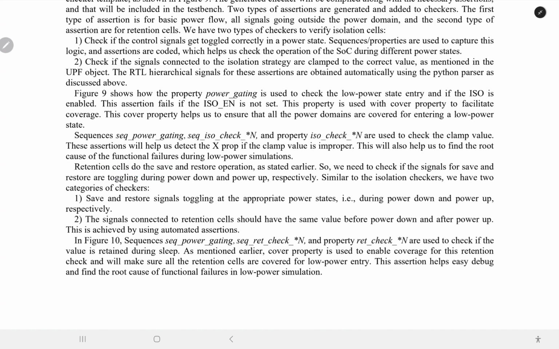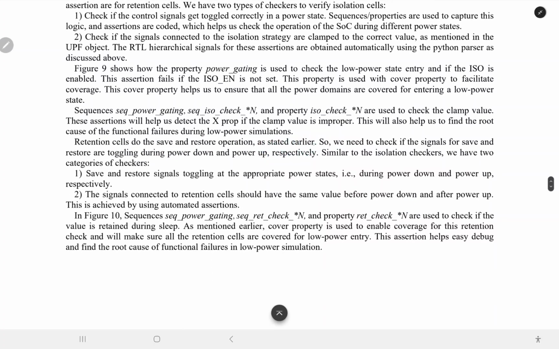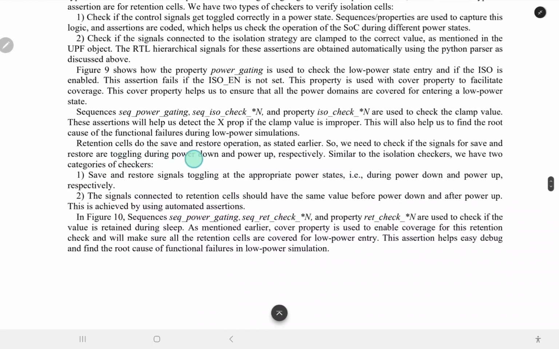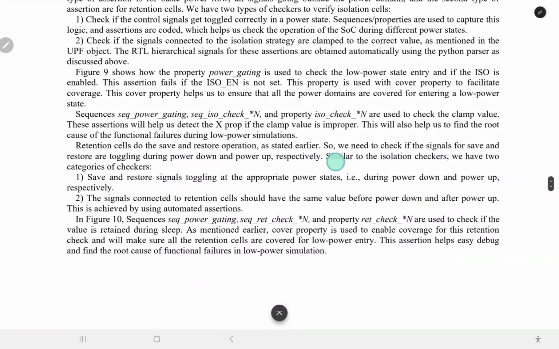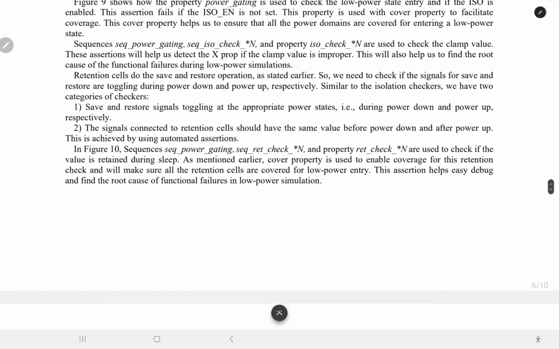Retention cells do the save and restore operation, as stated earlier, so we need to check if all signals for save and restore are toggling during the power down and power up, respectively. Similar to the isolation checker, we have two categories of checkers. 1.